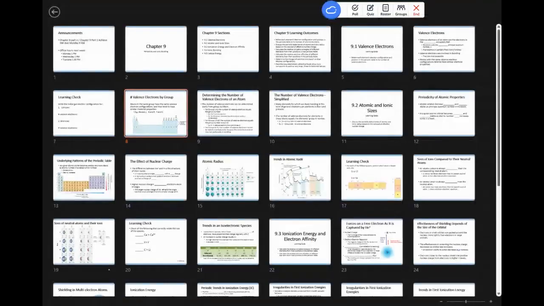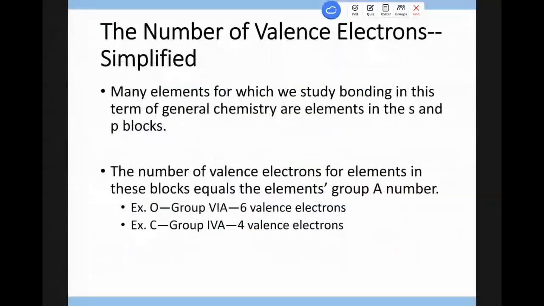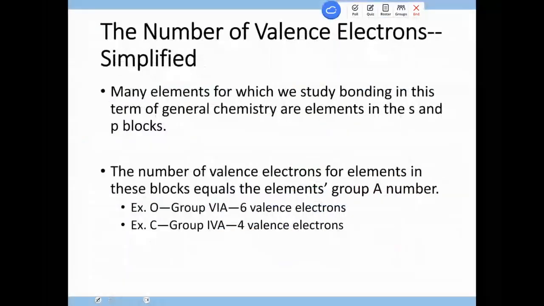And again, that's true for all of the atoms in the same column. So, for example, oxygen in group 6A, 6 valence electrons. Carbon is in group 4A, 4 valence electrons. And then you can always write out the electron configuration and determine the number of valence electrons that way.